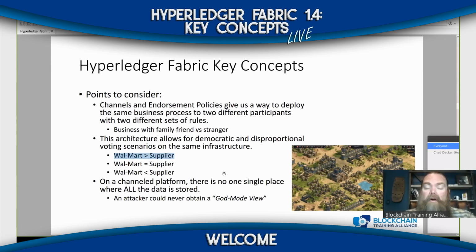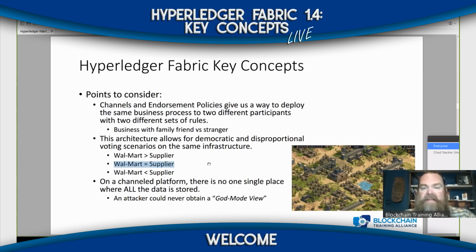We want Walmart's vote to be equal to its disproportionate size and power in the marketplace. So when Walmart and that supplier have a vote and try and reach consensus, Walmart may have 80, 90, 95% of the voting power.